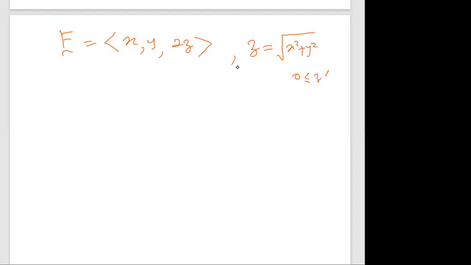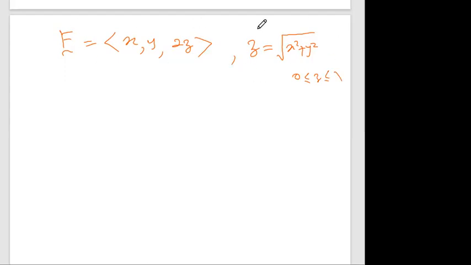Okay, this is your field, a three-dimensional field (x, y, 2z). Let's do this together. And this is your surface, z equals the square root of x squared plus y squared, with z restricted to these two values, 1 and 2.